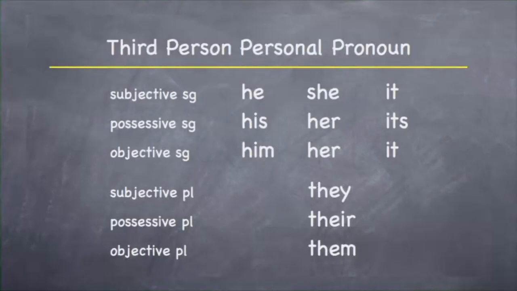In English, we don't distinguish between genders in the plural. We use they, whether it's a bunch of men, a bunch of women, a bunch of things, or mixed. We don't care in English. In Greek, we do care. That'll be one of the little adjustments you have to make in translation. But we'll see about that in just a second.